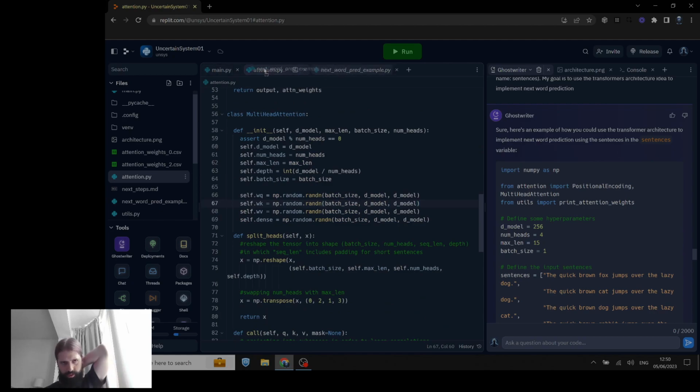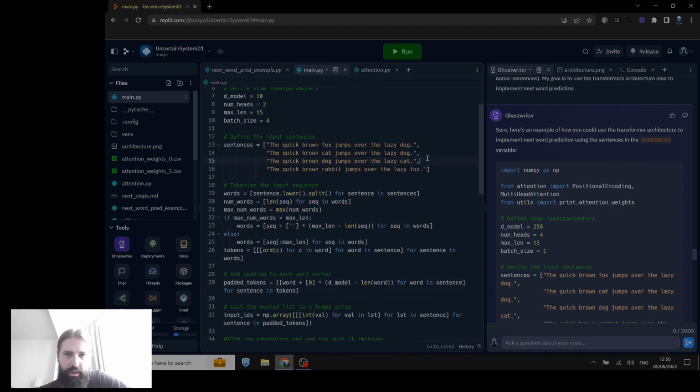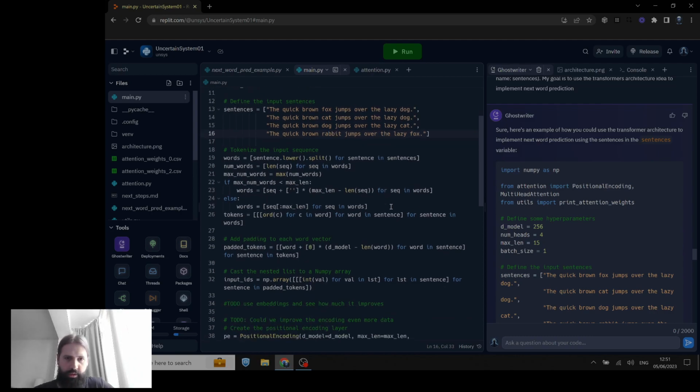We need to use these to adapt our Python. It seems like with names like fox, cat, dog, rabbit, things like that, that could be a good small example, just to understand this better.